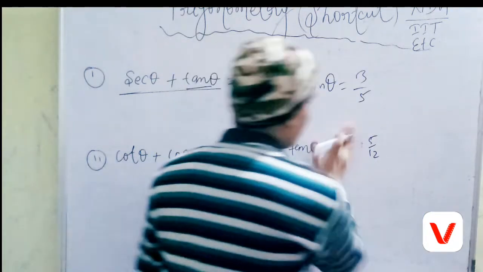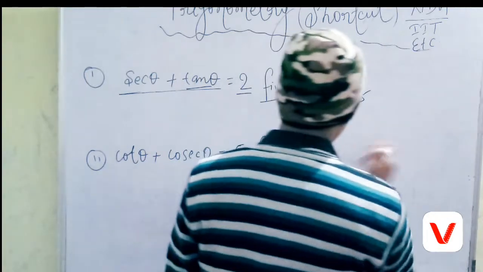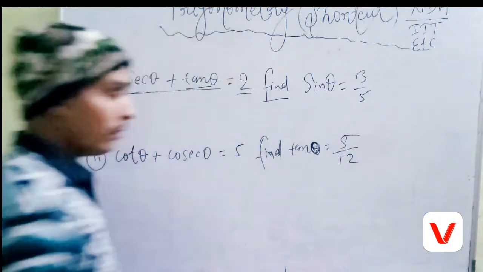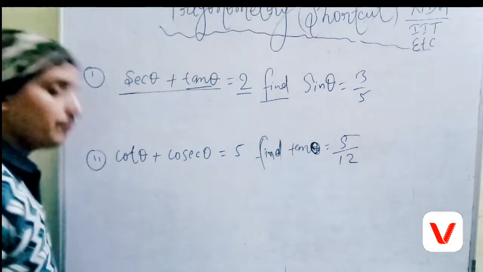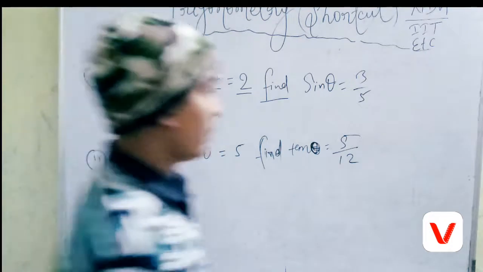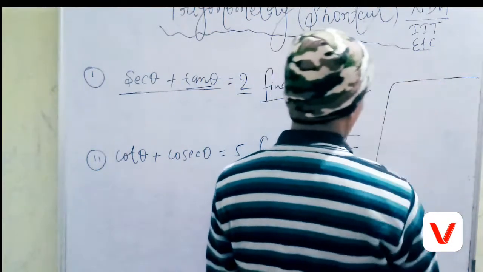So we can write the value of 5 by 12. How is it possible, and how did I solve this question within 1 second, 2 seconds and 3 seconds? So let's have a look.